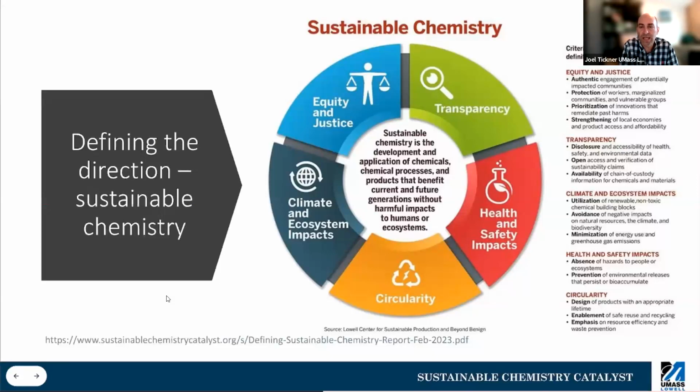And if you start looking at these criteria or areas of criteria that need to be met to say this is sustainable, well, we start with equity and justice. Does it address community impact? Does it trade off impact from one community to another? Are the innovations being developed addressing those communities that have been most impacted by chemical pollution? How do we engage those communities more effectively?